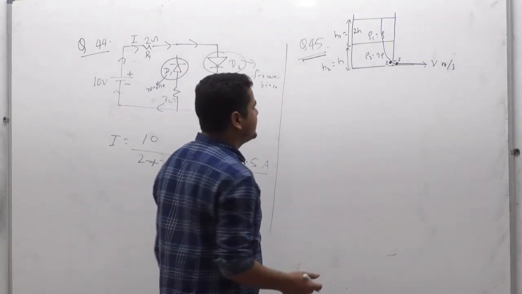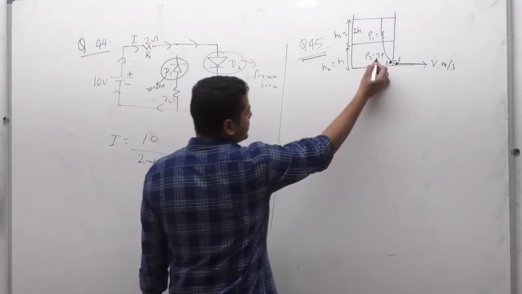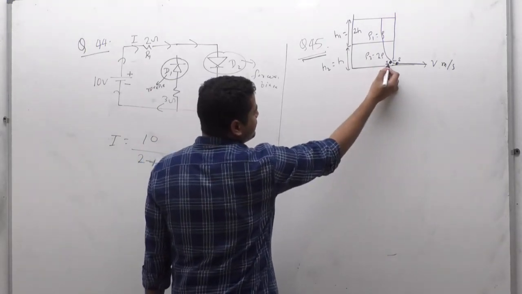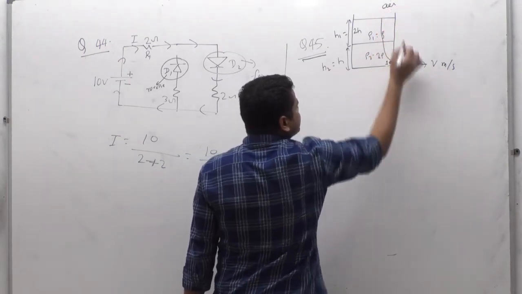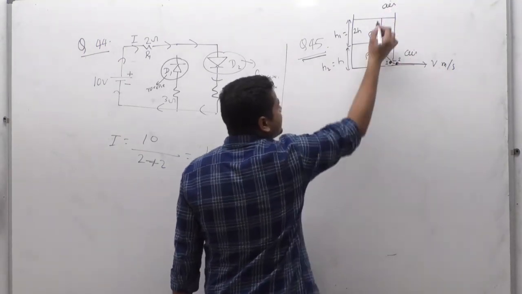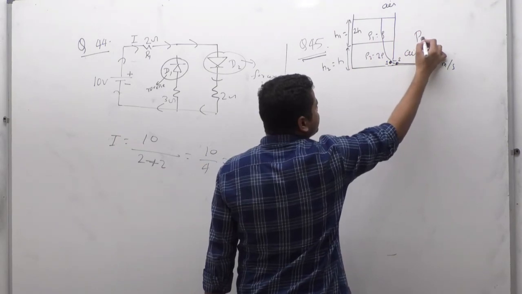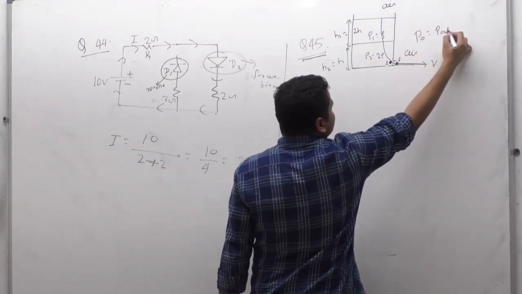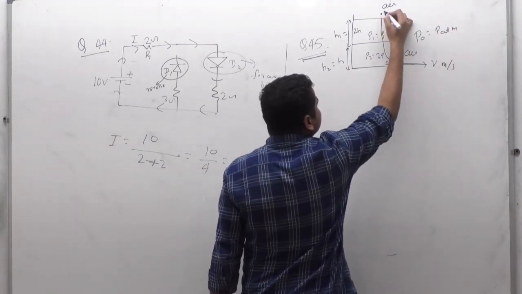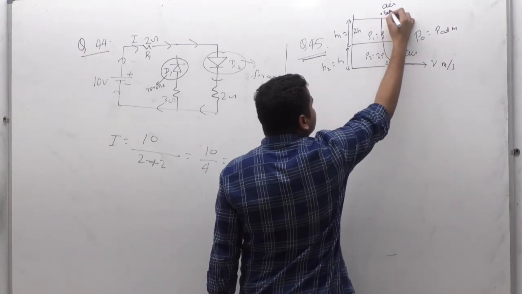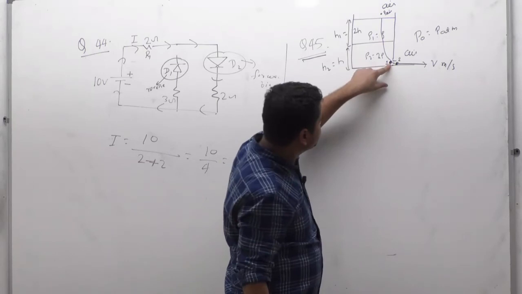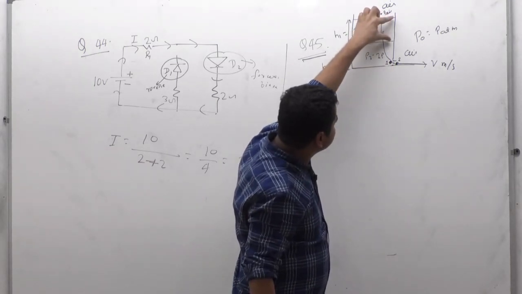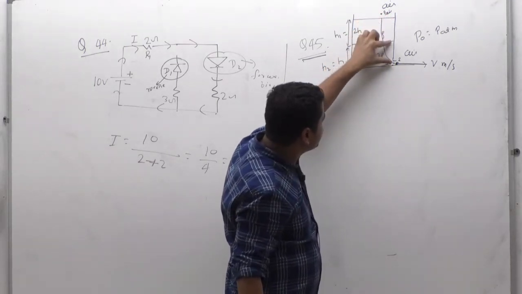So according to that, what we can write: pressure energy at point 1. See, this is air, and air acts with atmospheric pressure. P naught is the atmospheric pressure. So at point 1, the pressure is the pressure due to air plus the pressure due to this liquid column plus the pressure due to the other liquid column.